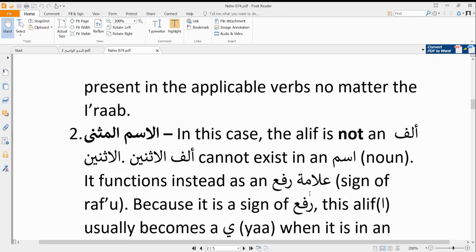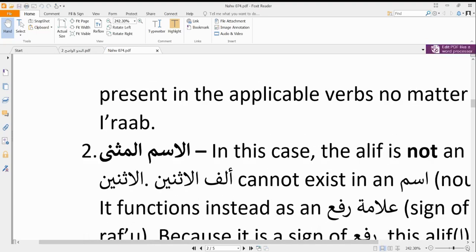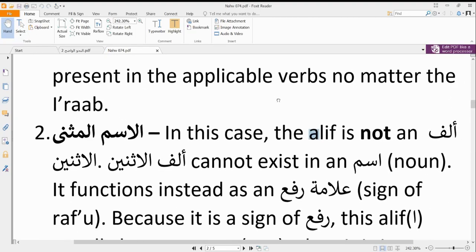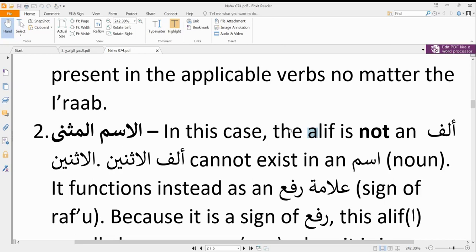Alif al-ithnain is a domir, and muslimani does not have a domir inside of it. It is a noun, and so an alif al-ithnain can never exist in an ism. So anytime you are about to confuse it and you are not sure whether this alif is an alif al-ithnain or not, just remember that alif al-ithnain cannot exist within a noun.